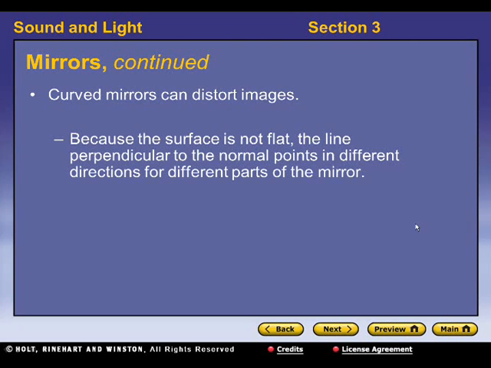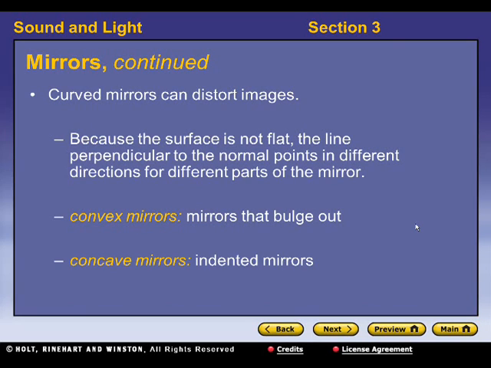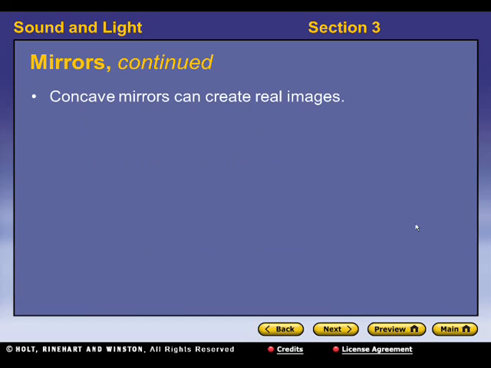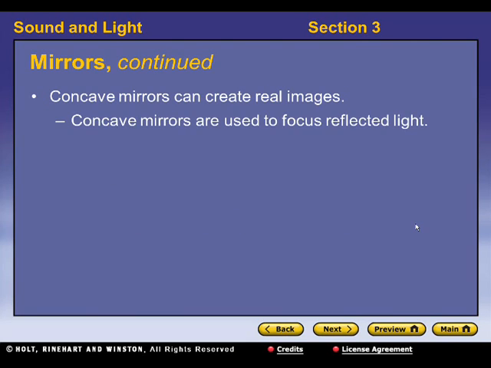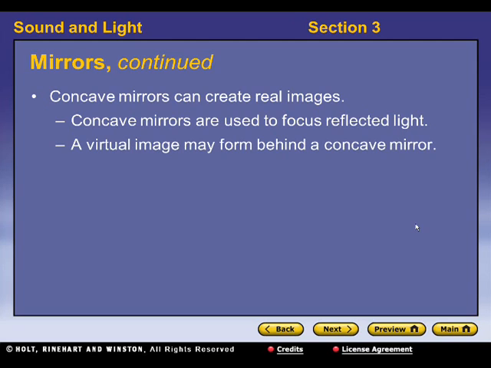Okay, so curved mirrors can distort images. Because the surface is not flat, the line perpendicular to the surface, the normal, points in different directions for different parts of the mirror. So you have convex mirrors that bulge out and concave mirrors that curve inward. Concave mirrors can create real images, and they are used to focus reflected light.